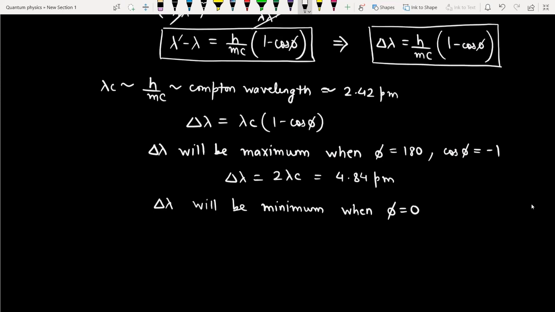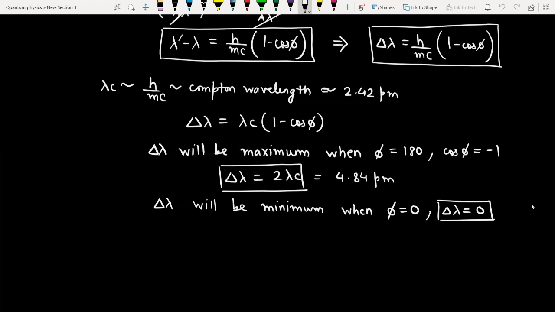Cos 0 is basically 1, and this 1 minus 1 is 0. In that case, your delta lambda will be 0. This is the change in the wavelength. This is the maximum change, and this is the minimum change: when we put phi equal to 0, cos 0 is 1, and you get the change in the wavelength delta lambda equal to 0.